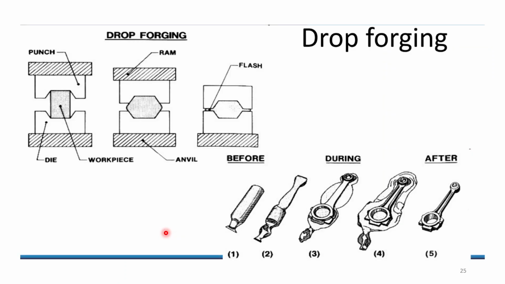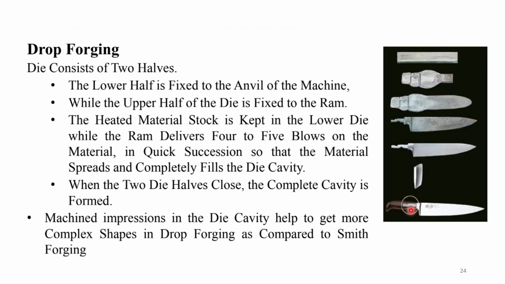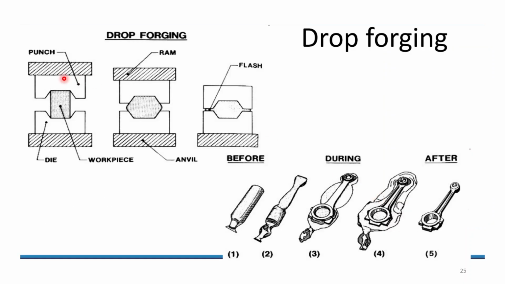So when you're using, for example, this die, you can provide some projections as well, which can provide a complex shape to the final product here. Now these are some of the products that can be made using drop forging. These are the processes.